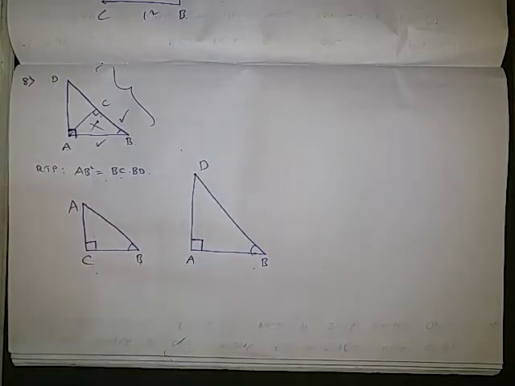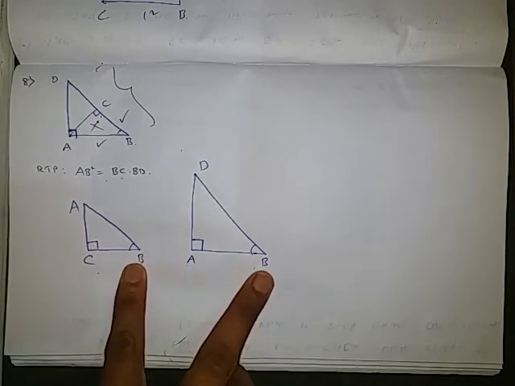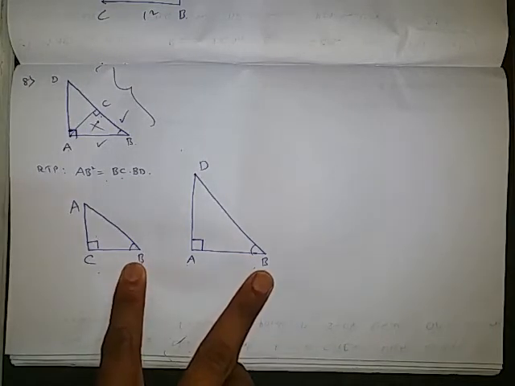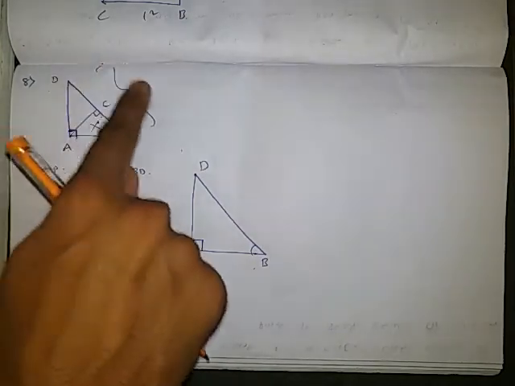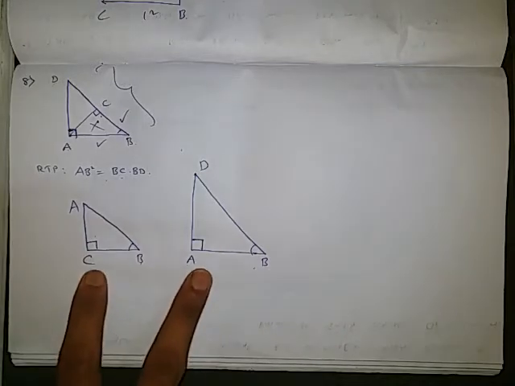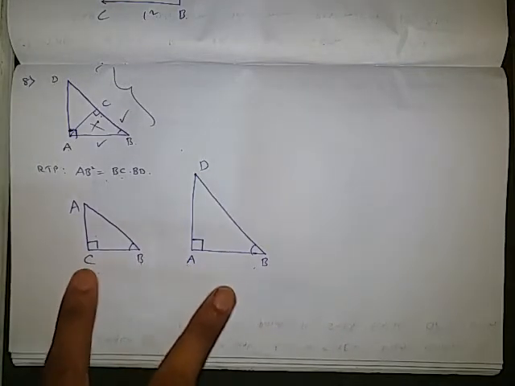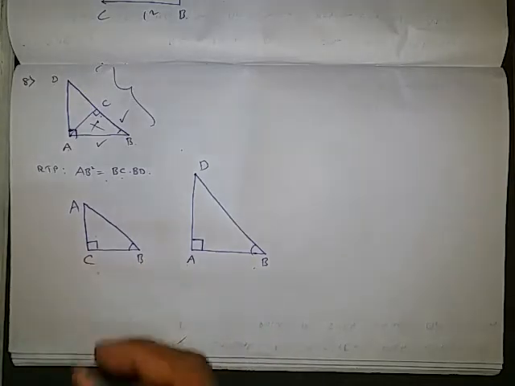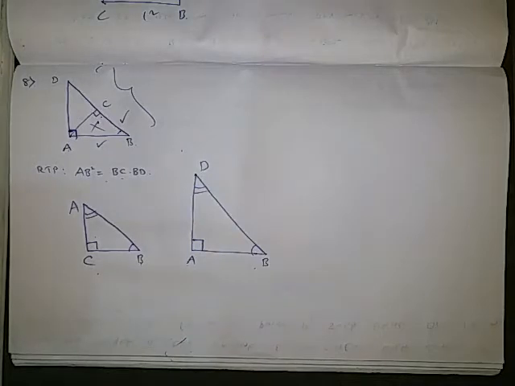So now B and B, these two are the same angles. It means this angle B is common for the lower triangle as well as for the total triangle. So B is equal to B, and A and C both are right angles, so A and C both are equal. If two angles are equal to each other, obviously the third angle is also equal.